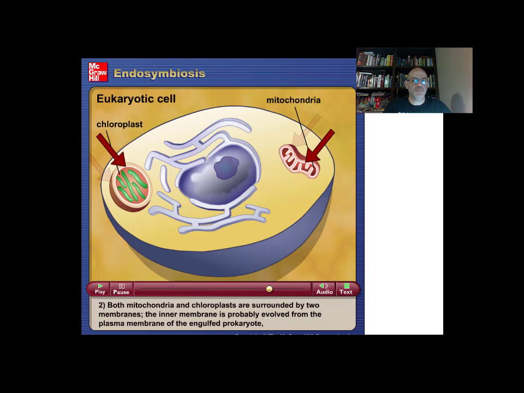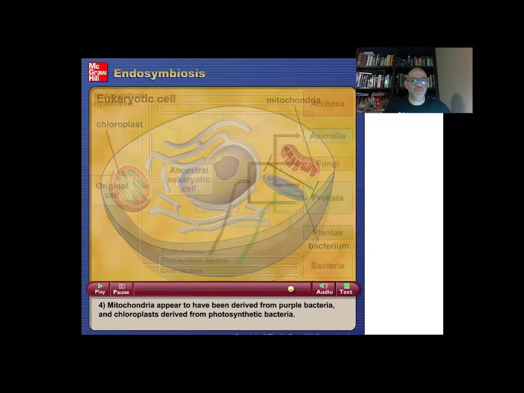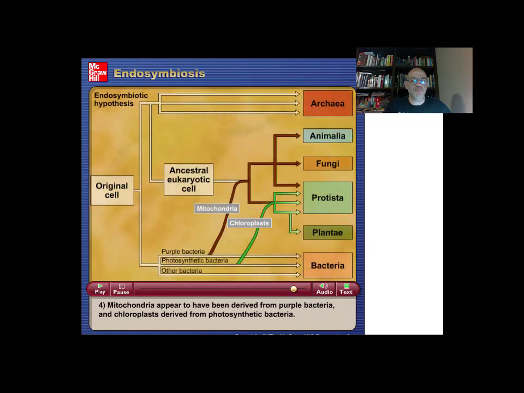The inner membrane is probably evolved from the plasma membrane of the engulfed prokaryote, while the outer membrane is probably derived from the cell membrane of the host. 3. Mitochondria are about the same size as bacteria. 4. Mitochondria appear to have been derived from purple bacteria, and chloroplasts derived from photosynthetic bacteria.